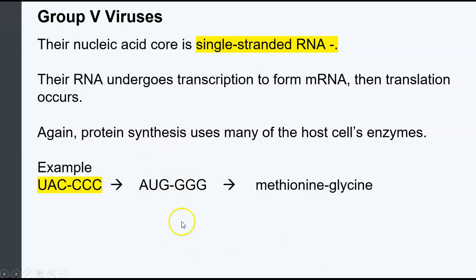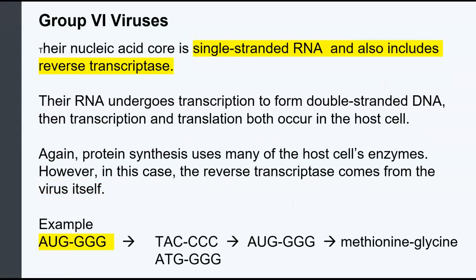So the AUG GGG, which has been our messenger RNA all along in all these examples, is produced from a single-stranded RNA. So instead of using the single-stranded RNA as messenger RNA, it copies a complementary strand, and transcription does occur. Okay, so this part is the transcription, and then translation occurs, like we've seen in all the other examples.